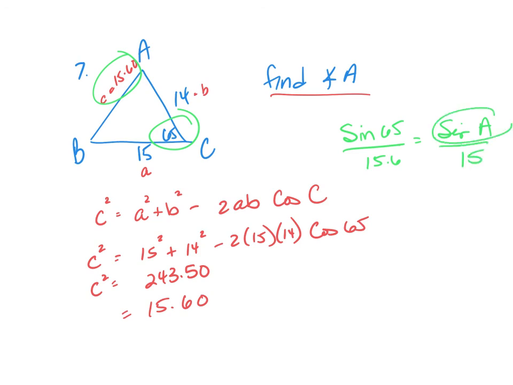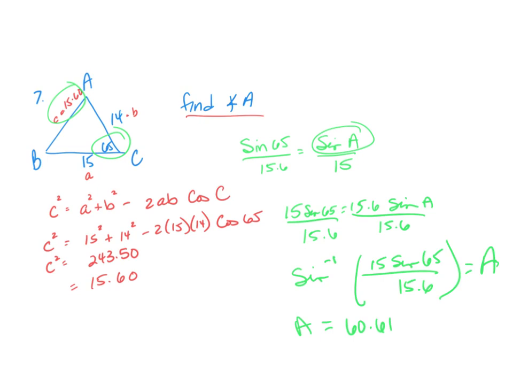And now since we're looking for an angle, what button are we going to push? Second. 15 sine of 65 equals 15.6 sine of big A. And we divide by 15.6 to find big A. So second sine of that will give us big A. So big A equals 60.61.